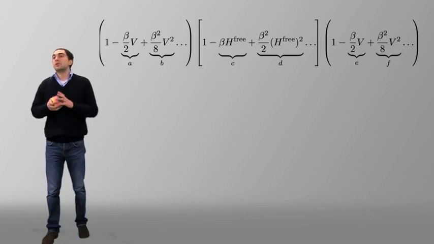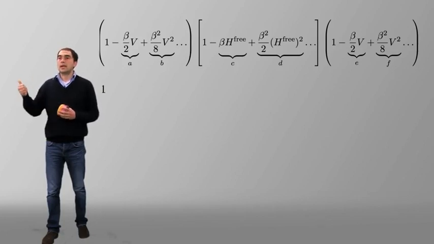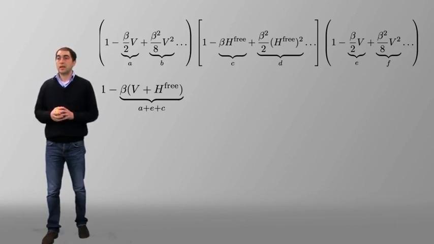So let's reorganize these terms order by order in beta. At the zero order, we have 1. At the first order in beta, we have A plus C plus E. And then we need a little bit of work to write the second order term.